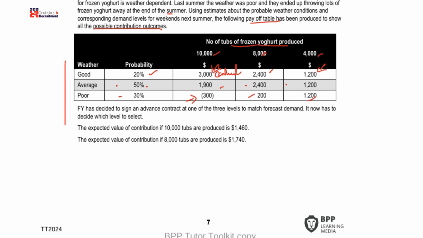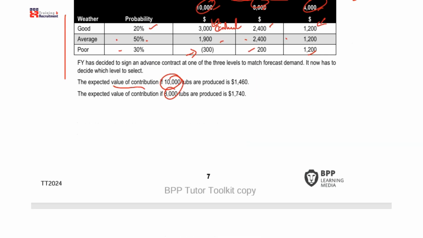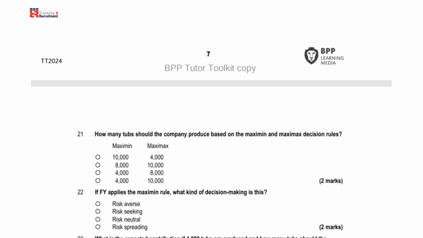So we can find maximin, maximax, minimax regret and expected value. They calculated already for 10,000 and 8,000. Can we not do it for 4,000? Of course we can. Expected contribution we can do. Let's see what is asked in the question.